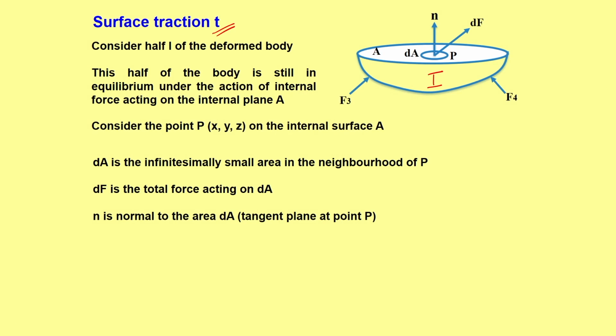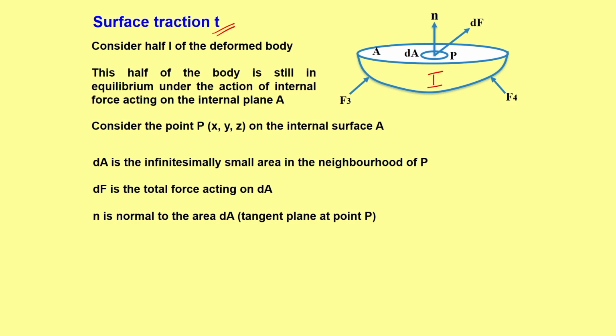This half of the body is still in equilibrium under the action of the internal force acting on the plane A. So, you have external forces F3 and F4 which are indicated, and it also has some internal force that gets developed which keeps the body in equilibrium. The same is identical for half 2 as well. So, when they join, it becomes the whole body.